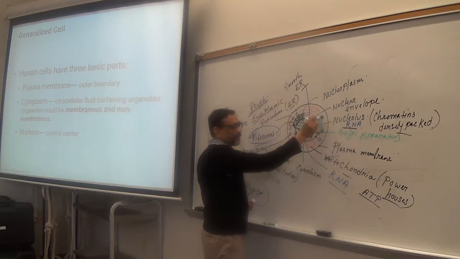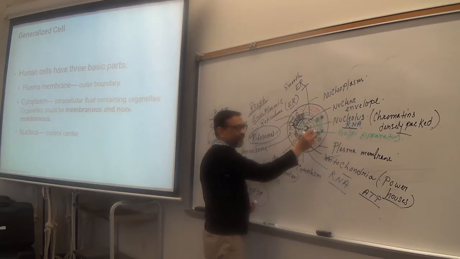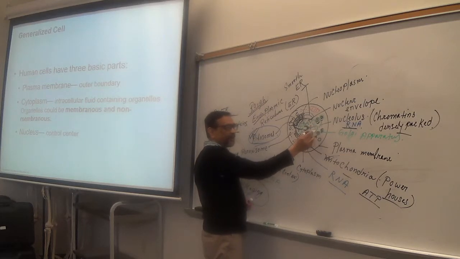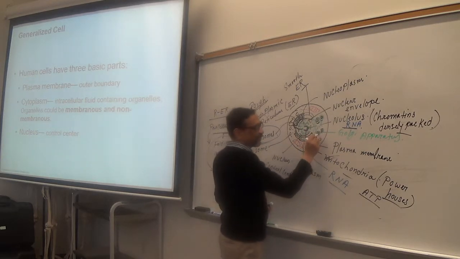both ends of those flattened sacs, and then what happens, interesting here, these ends get detached from the main body. So now they get detached and form round membranous structures filled with proteins, protein molecules, and these are called vesicles.